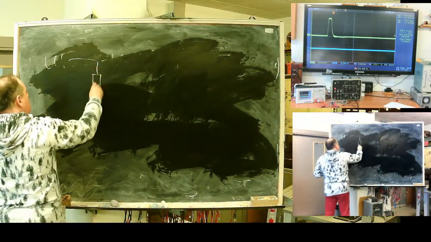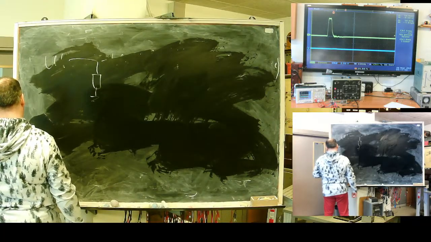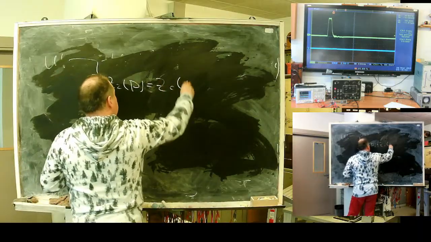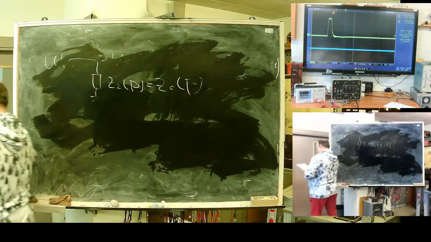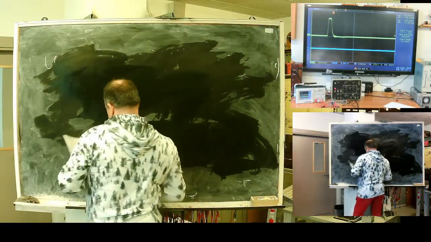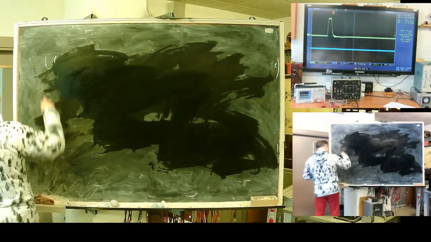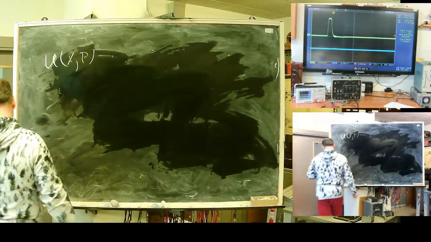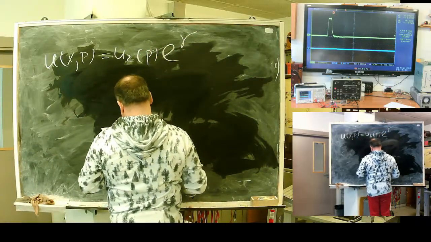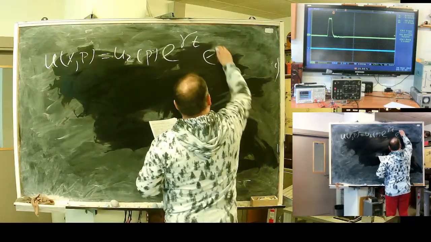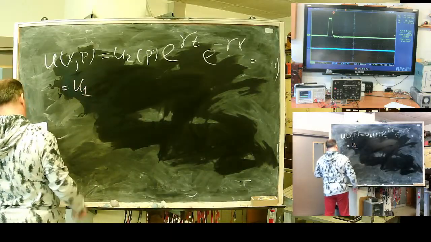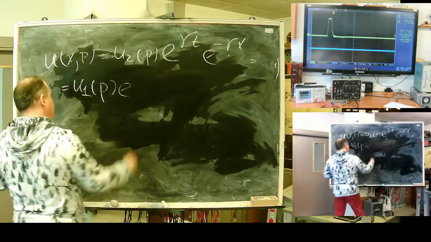So when a line is loaded with wave resistance, in this case voltage equals the sending end voltage times e to the power minus gamma x.